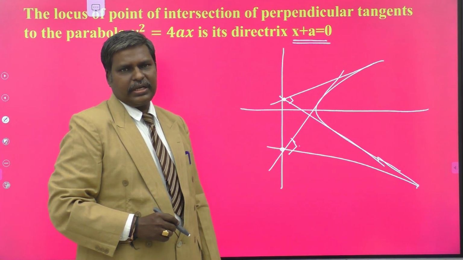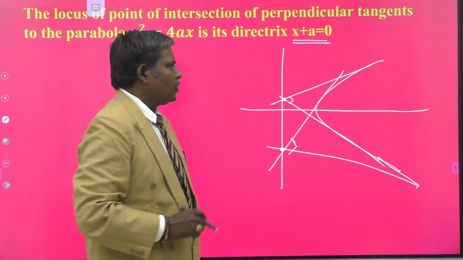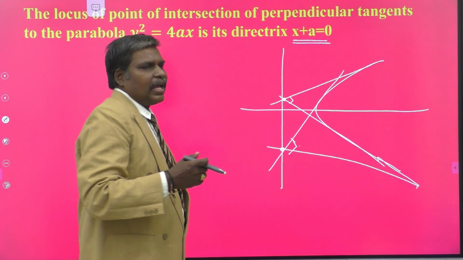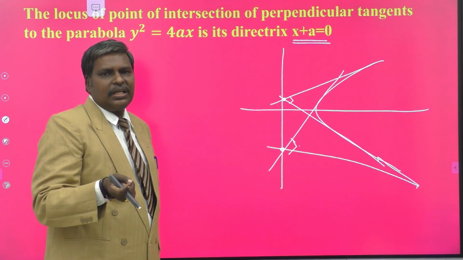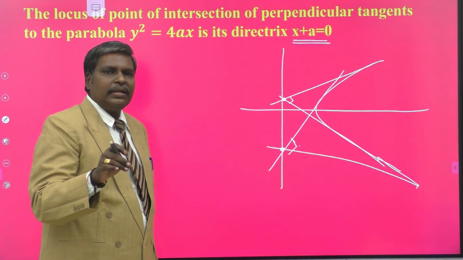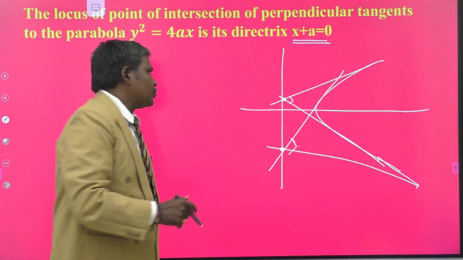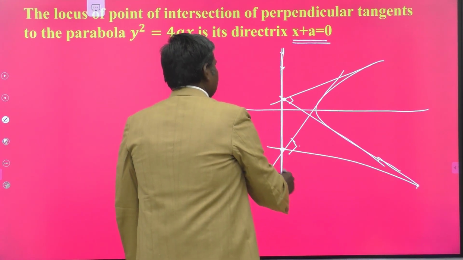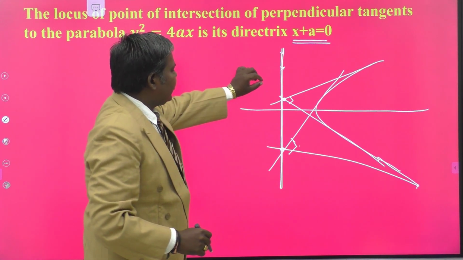You are going to show that. Okay. So, if you draw two tangents from that point and they are perpendicular to each other, we say that point lies on the directrix. So you collect all these points, we get the directrix.